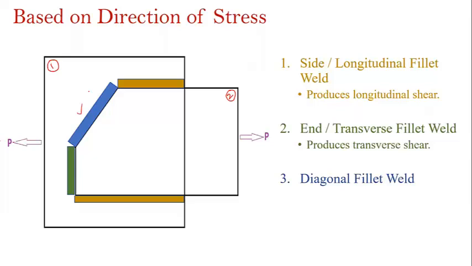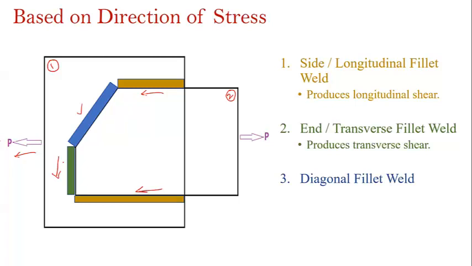Side fillet weld is also called longitudinal fillet weld, which is provided parallel to the direction of application of load. You can see the load is applied in this direction and the weld is also provided in this direction, that is along the x-axis. Whereas the end or transverse fillet weld is provided perpendicular to the direction of load that is applied.